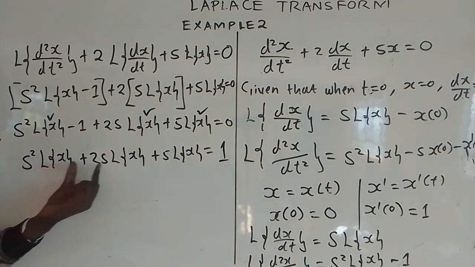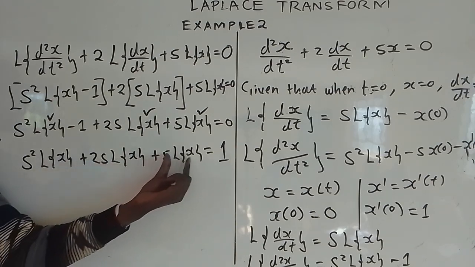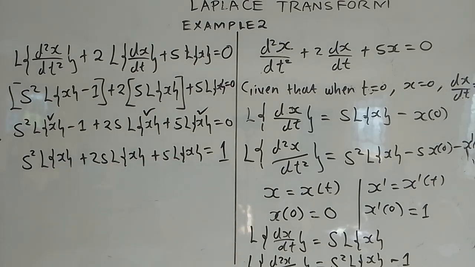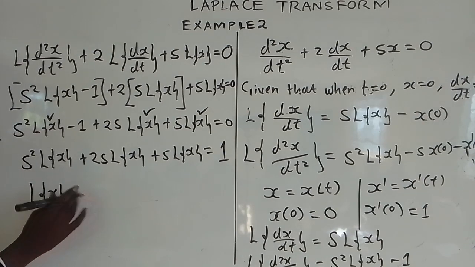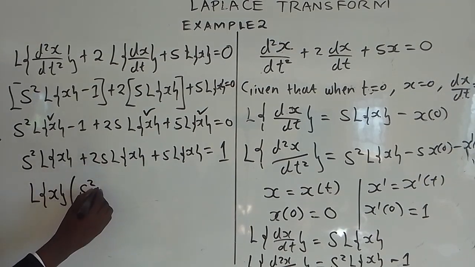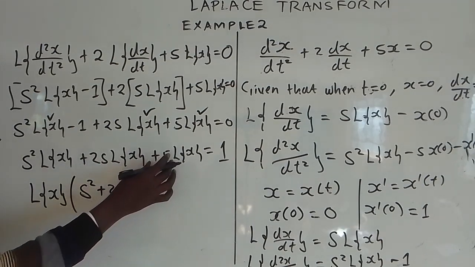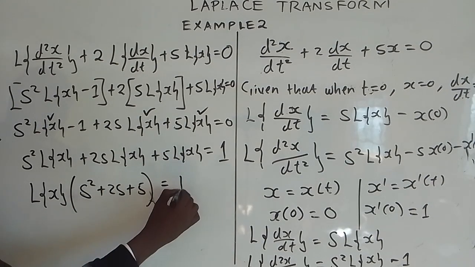Then now, you factor out the common factor, isn't it? The common factor is Laplace transform of x. So if you factor out Laplace transform of x, here you remain with s squared, then here you remain with plus 2s, then here you remain with plus 5, to be equal to 1, isn't it?